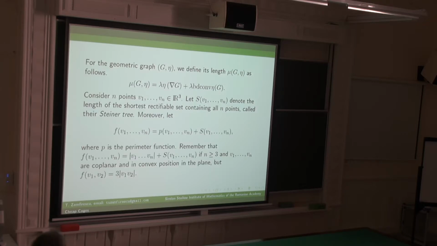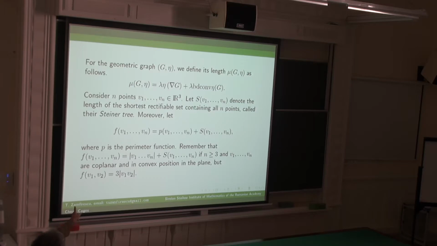And let's add the perimeter to S and get a function f. So the function f is, roughly speaking, the perimeter for points. Now here the points are in R3, but they will be used mainly on a plane. So in a plane, f is the perimeter of the polygon plus the length of the Steiner tree defined by the vertices.